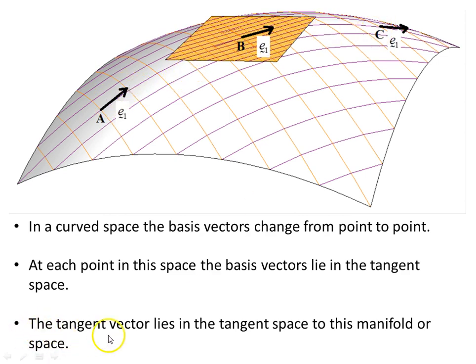And the tangent vector lies in the tangent space to this manifold. We'll come across the tangent vector shortly because that's just the velocity vector we mentioned earlier. Just to indicate here, this is a tangent plane. This is a two-dimensional surface, so it's going to have a two-dimensional tangent plane. There's one of these tangent planes at each point, and the basis vectors are changing according to their position on this manifold.